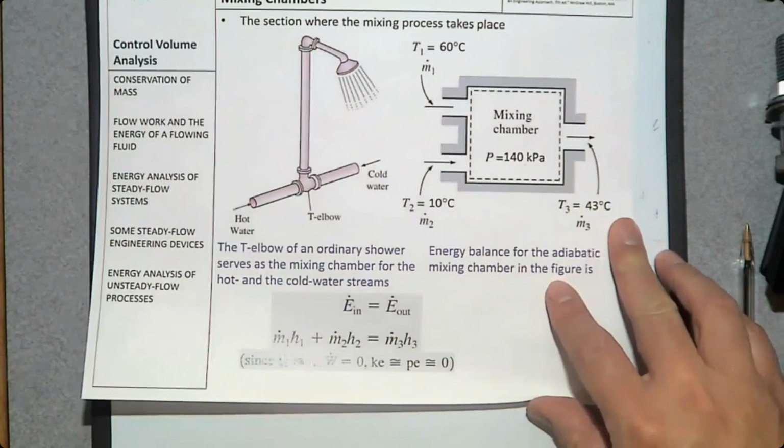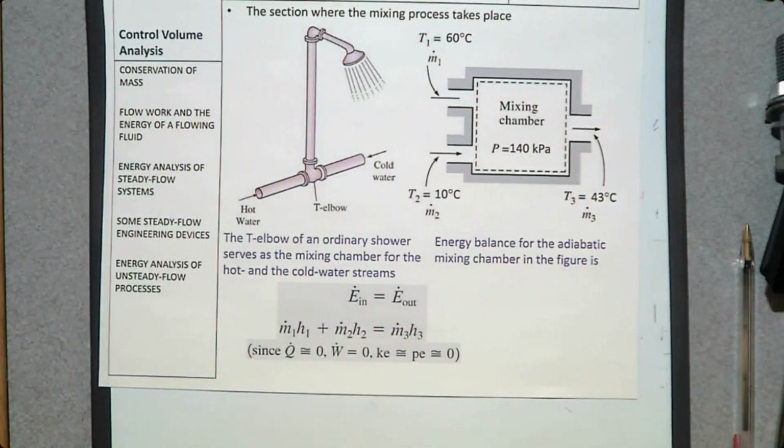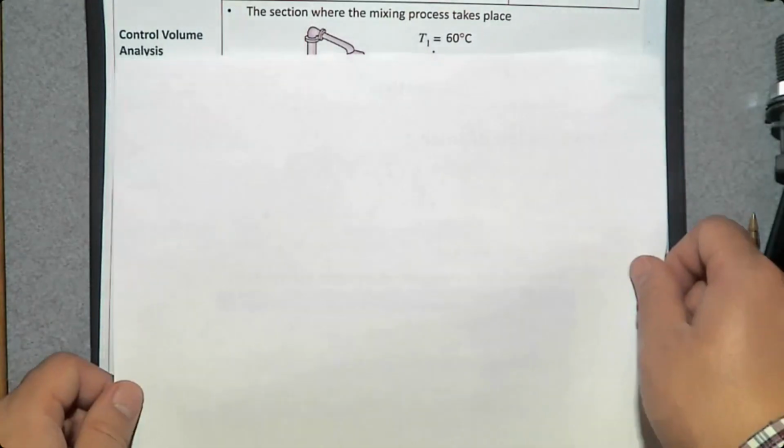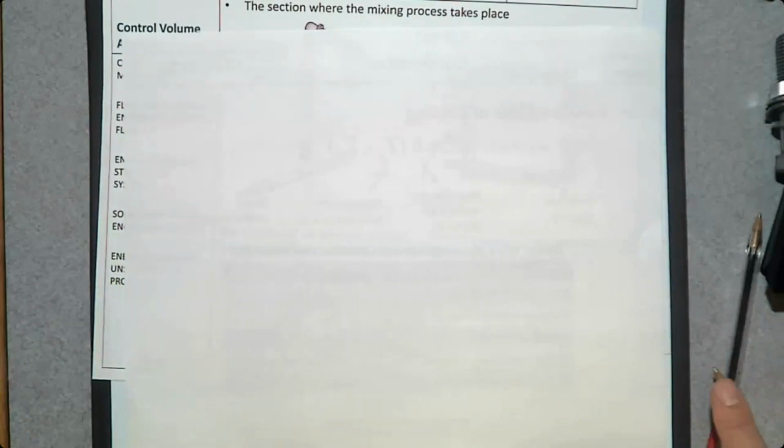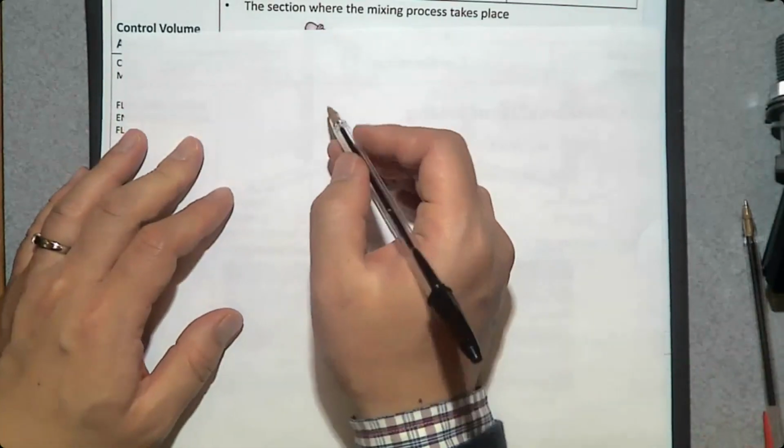When we have this mixture, we can come up with two equations as always. What kind of two equations? The same two equations based on conservation principles: conservation of mass and conservation of energy. Let's talk about conservation of mass first.